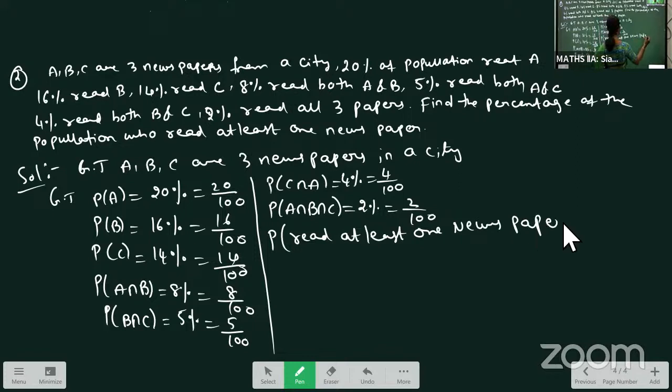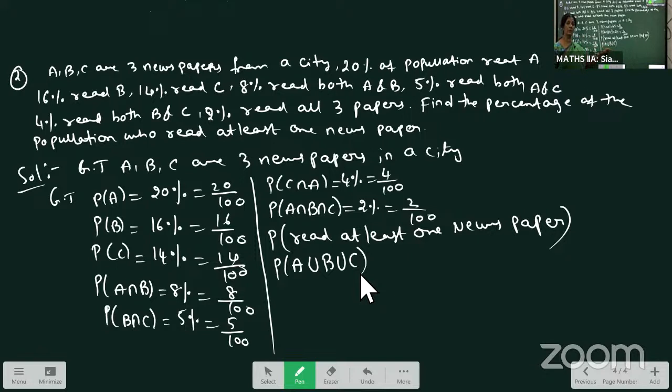How can we put it as a formula? At least one concept, either A paper or B paper or C paper. All three means A and B and C, and means intersection.